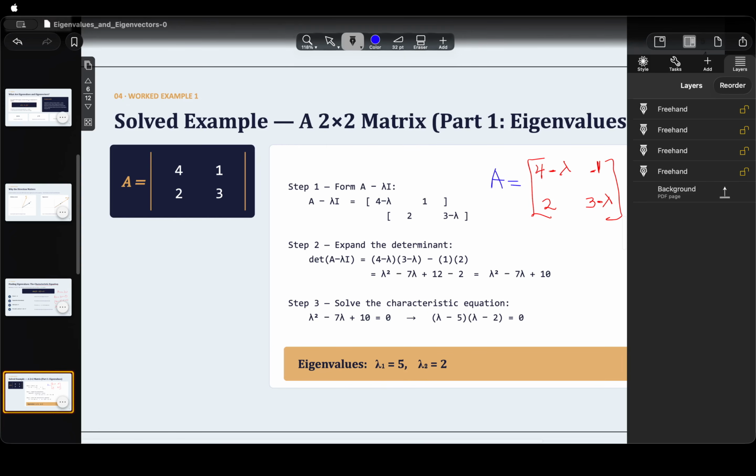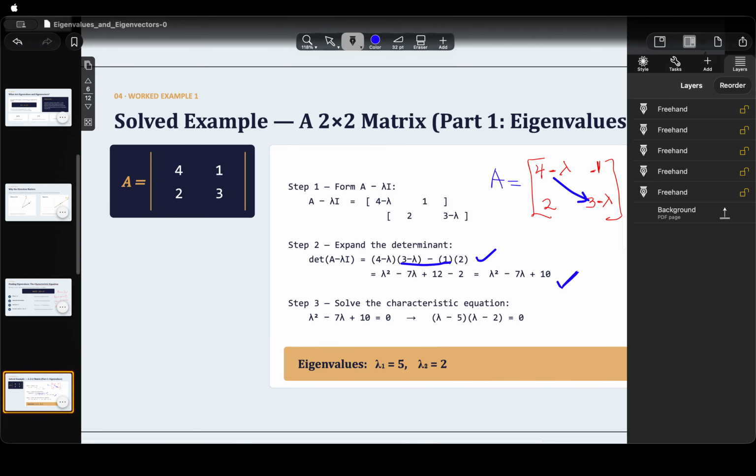You multiply your leading diagonals, then you subtract the product of the off diagonals. So if you do that, then this is what you have. The expression you have will be this. Simplify, and this is what we have left.